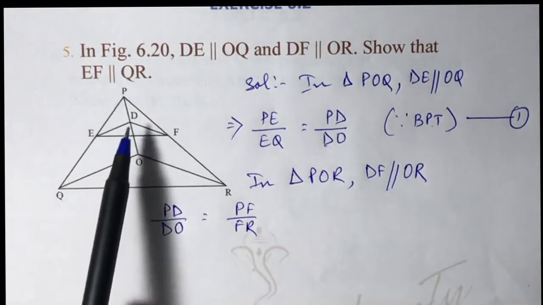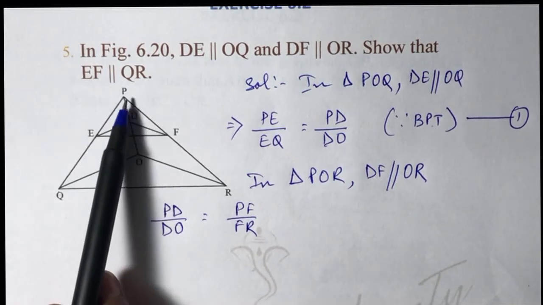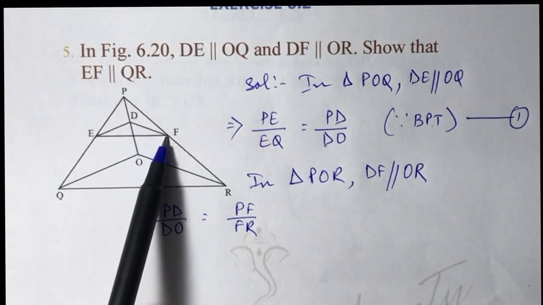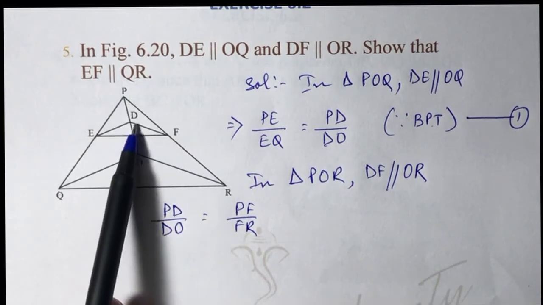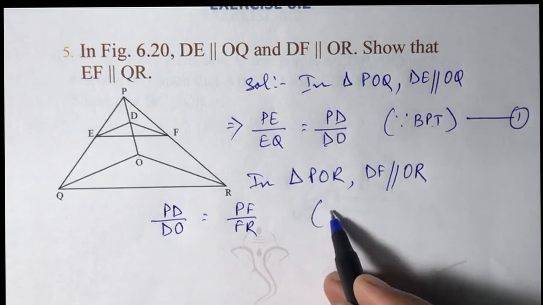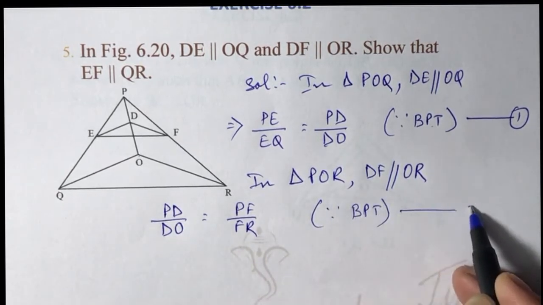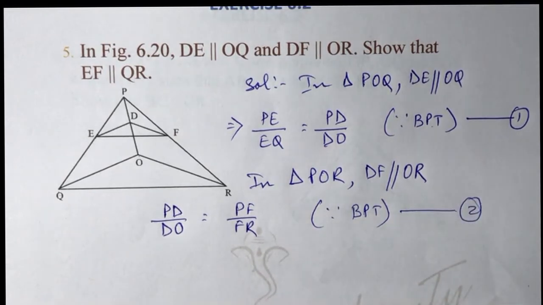Yes or no? Because it is given that DF is parallel to OR. Again, what is the reason? Basic proportionality theorem, and name it as equation number 2.